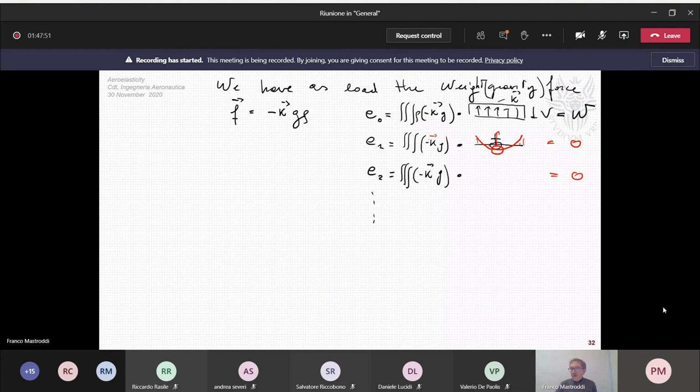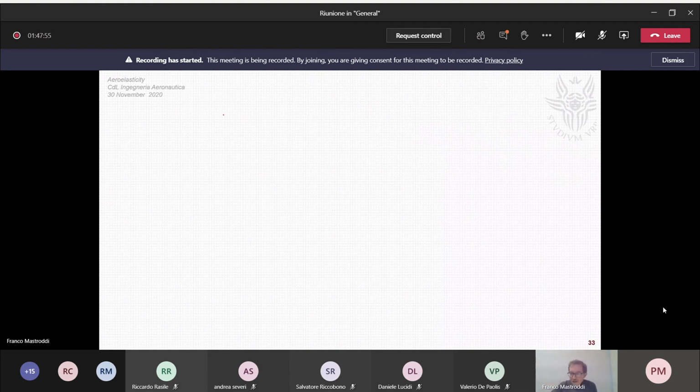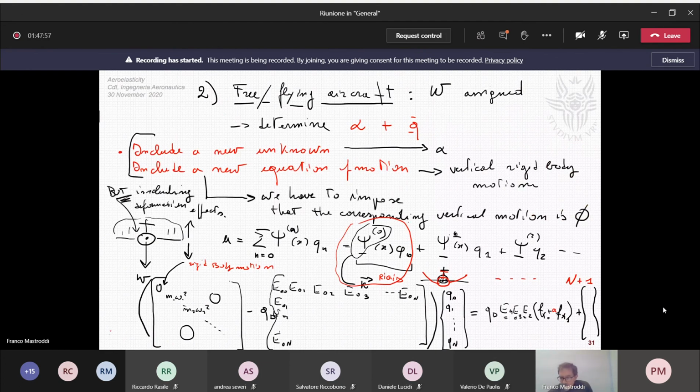Okay, so what I say here is the following. In the right hand side of our steady equation, we have a term forcing the first equation, and all the others are zero. Interesting. So in the case of looking for a trimmed configuration, we have one more unknown.